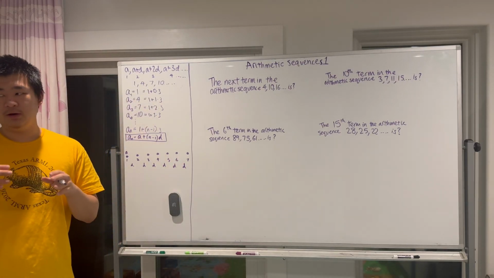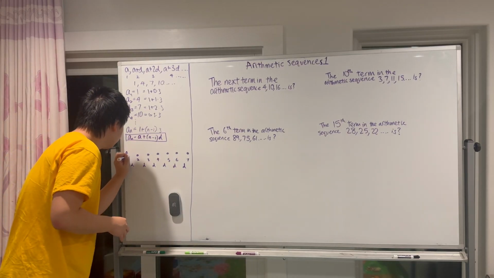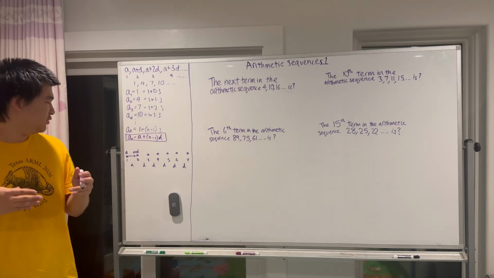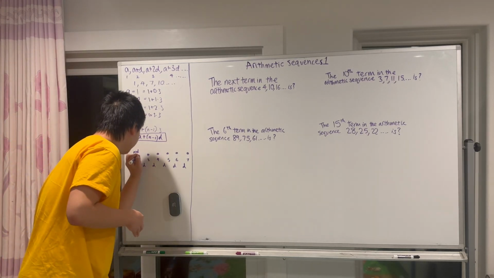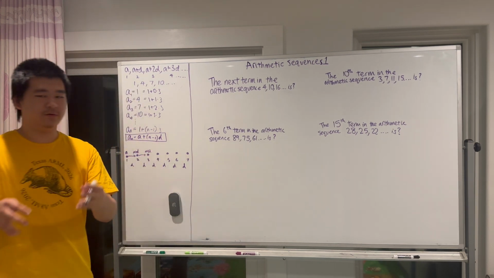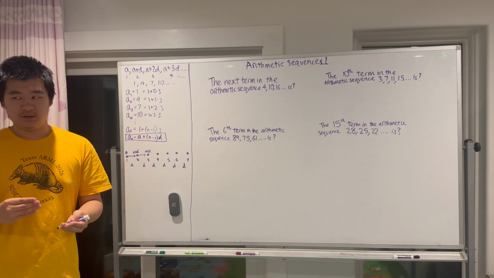So we can see that when we go from fence post 1 to 2, we're adding 1d. So this is going to be a plus d. And when we go from fence post 1 to 3, we're adding 2d's, and so on and so forth. So how do we calculate the distance between fence posts?